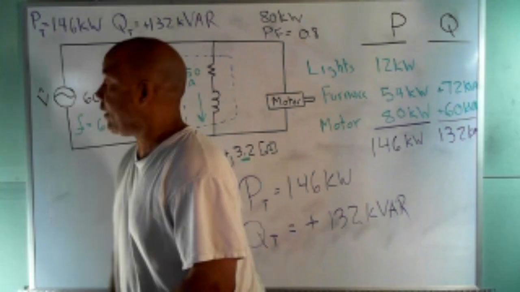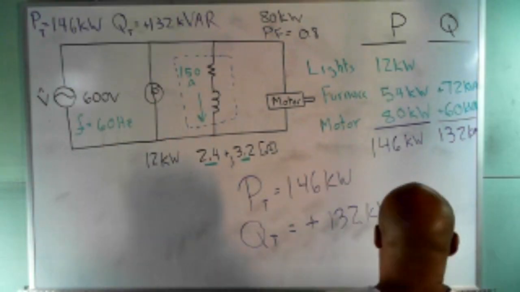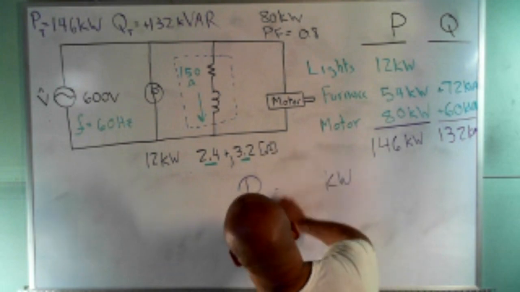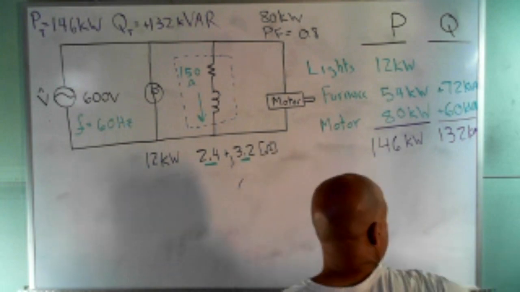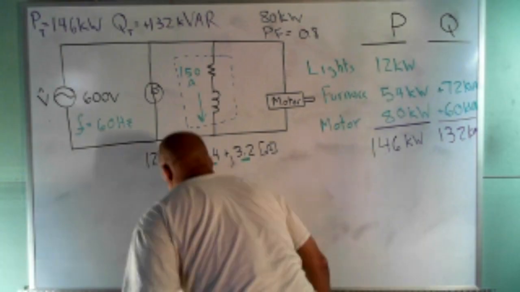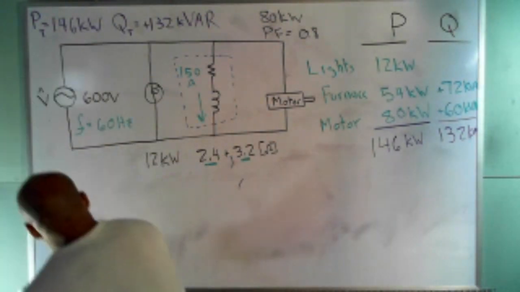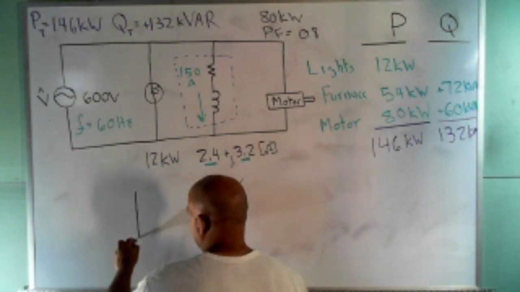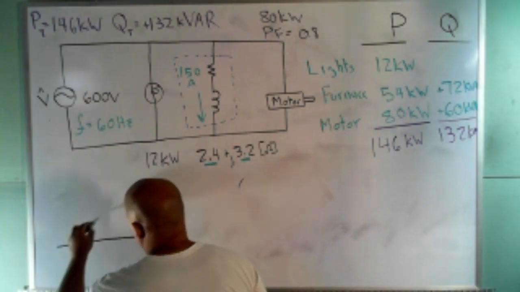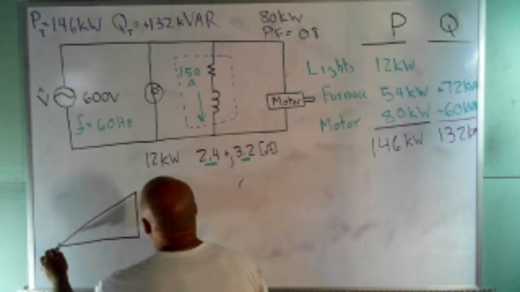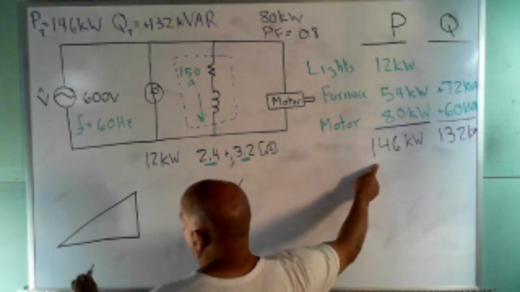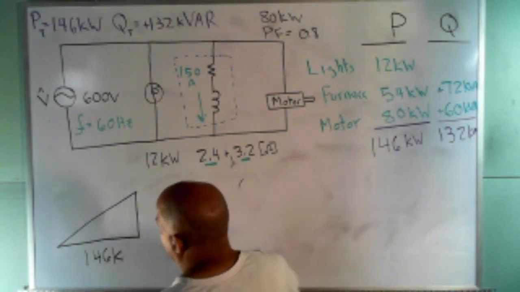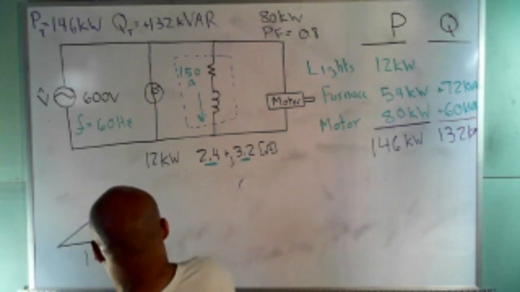And you can help me calculate since I can't find my calculator anywhere. So I'm gonna start over here. And here's our power triangle for the system. My total power was 146 kilowatts. Actually, let me make this bigger.